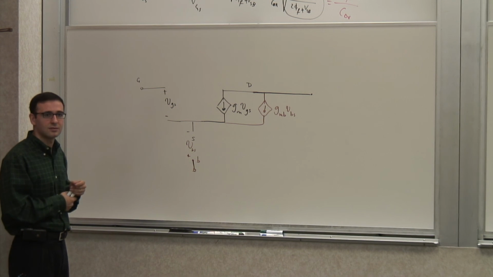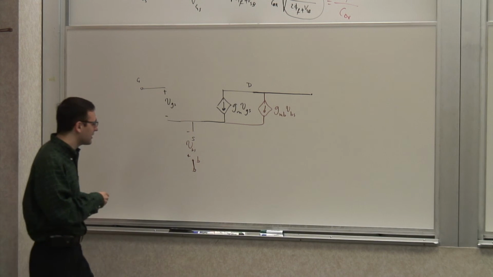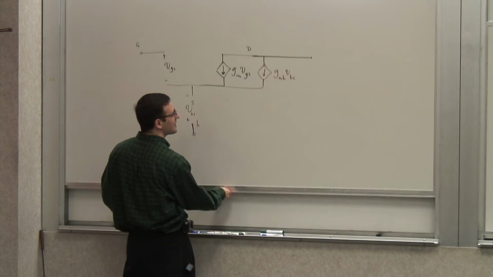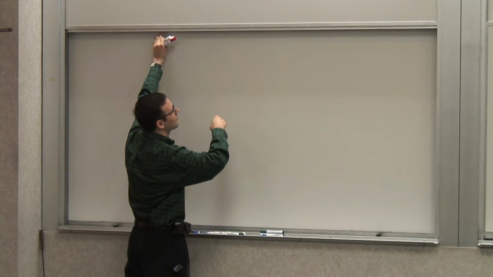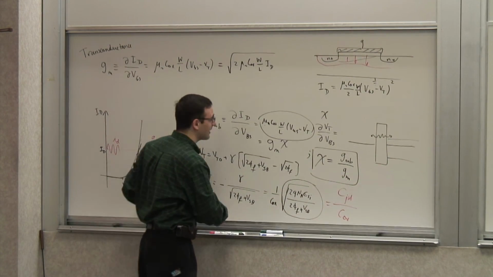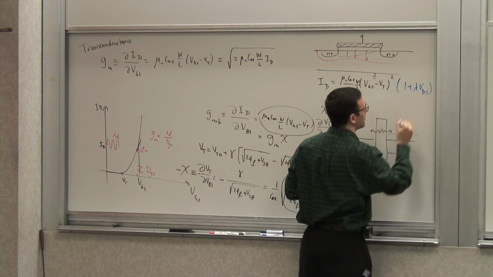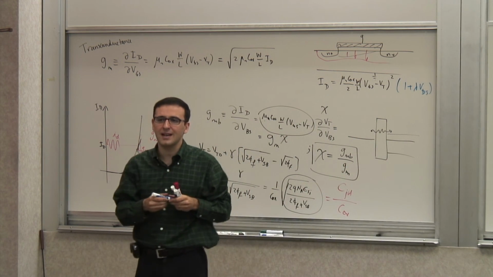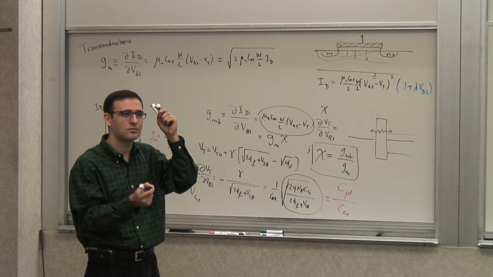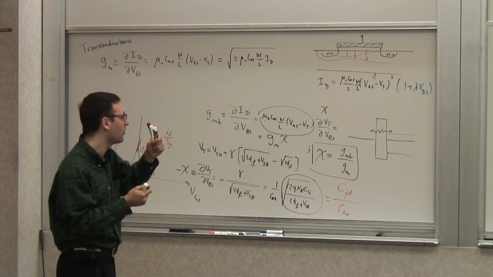Now, what else do we have? Well, the other thing that we have is the dependence. We saw that this expression needed to be corrected. There needed to be a second correction term, 1 plus lambda VDS, because of the channel length modulation. So we have this effective resistance between the output, the drain and the source, like RO, the output resistance, similar to the bipolar transistor.